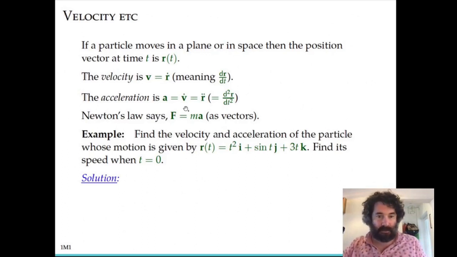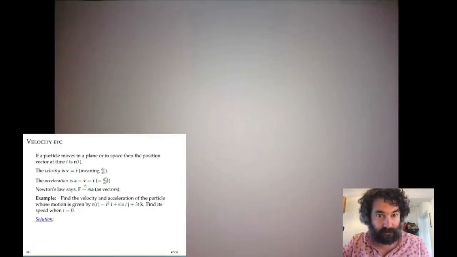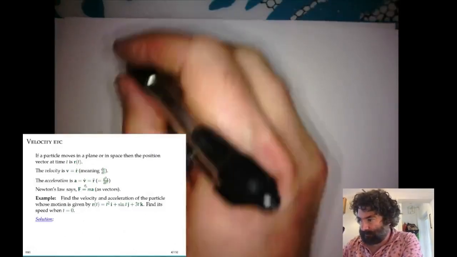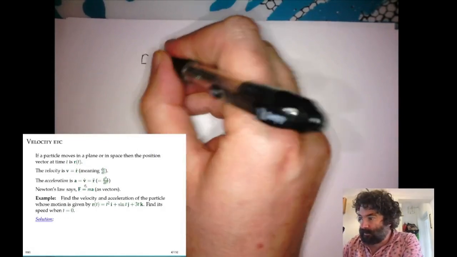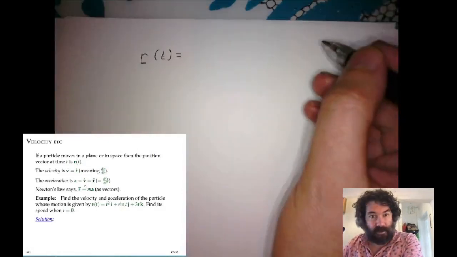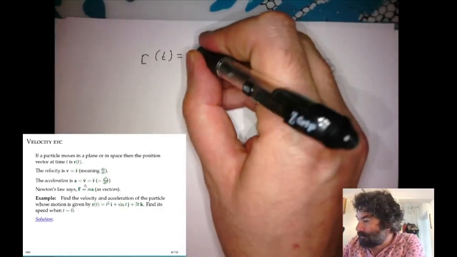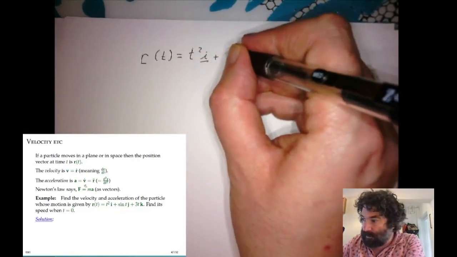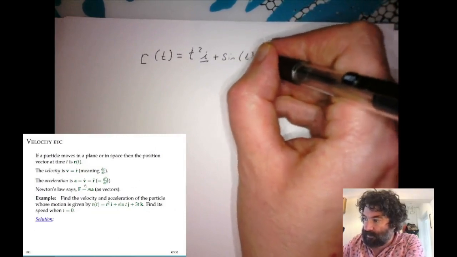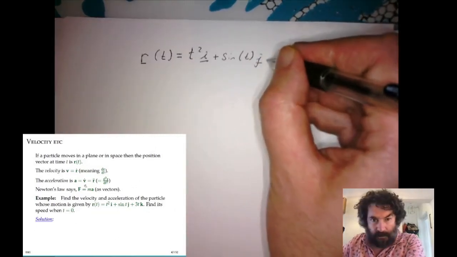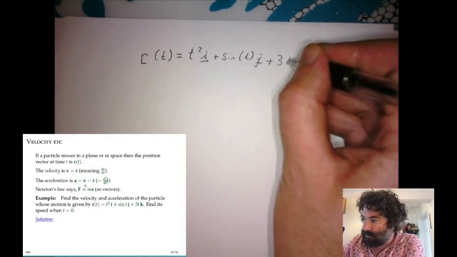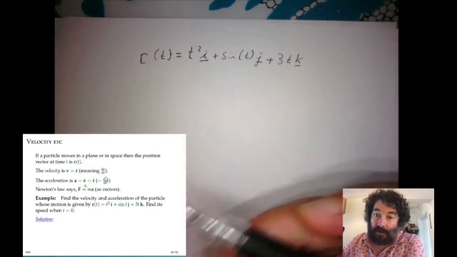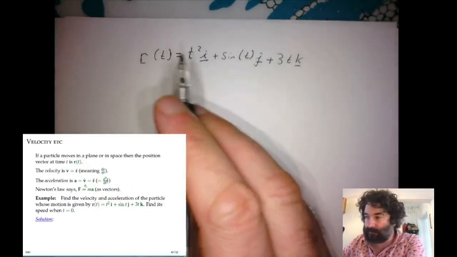So the position of the particle is given by a vector moving in 3 dimensions. The components are t squared times i plus sine of t times j plus 3t times k. Remember, i, j, and k are the basis vectors parallel to the x, y, and z axes.